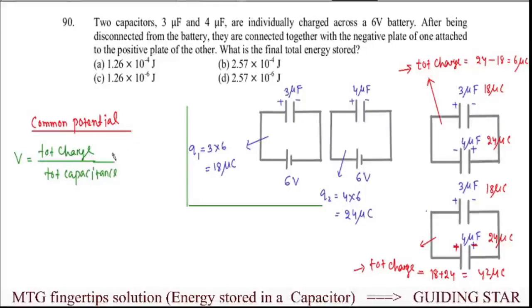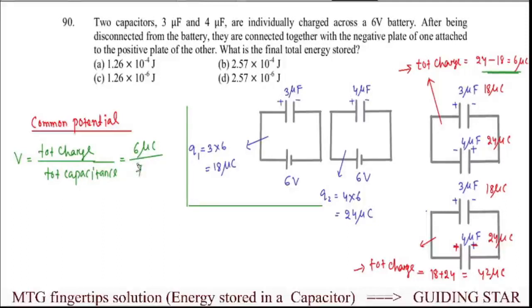The total charge here, we got right now, is 6 microcoulomb, divided by the total capacitance. Whether you connect positive to positive or positive to negative, in any case the total capacitance is simply the sum of the individual capacitances of both capacitors, that is 3 plus 4.